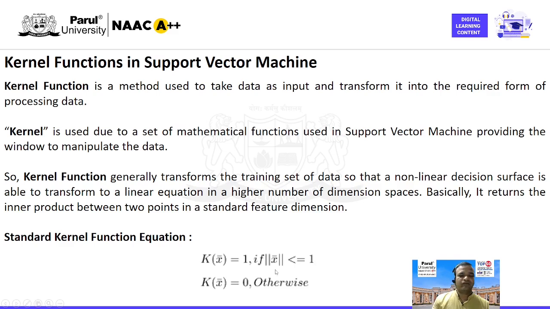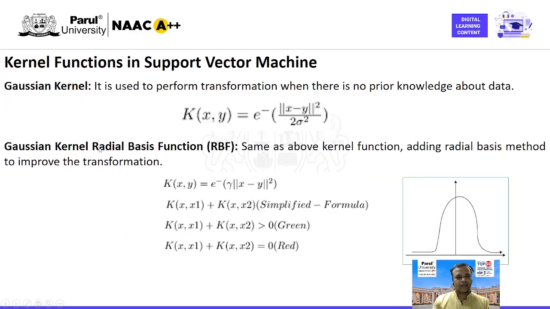That means whenever the feature value is less than or equal to 1, the answer will be considered as 1, and otherwise 0. That means transformation will be there. So this is the standard kernel function, and another one is the Gaussian kernel.